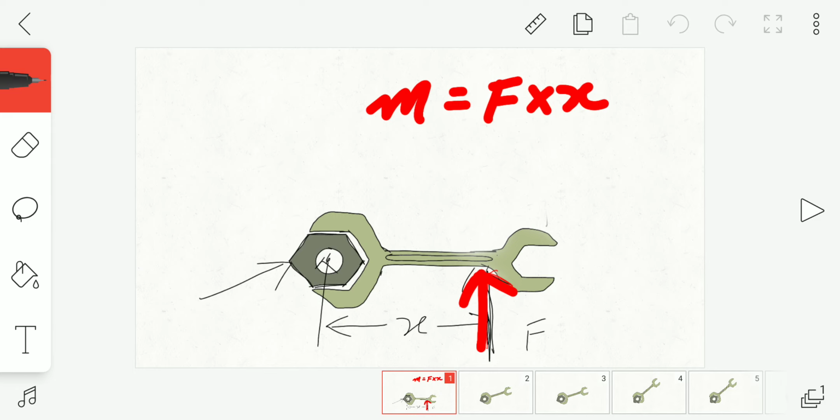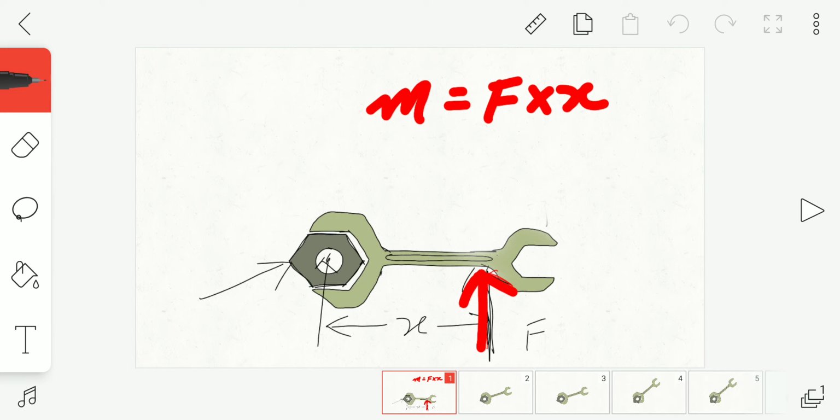Hope you have understood what is moment and what is couple. So I will tell you the difference between moment and couple. Moment will create the twisting effect, and at the same time couples will also create a rotating effect. Both the quantities give us rotational effects, but the number of forces acting is different.